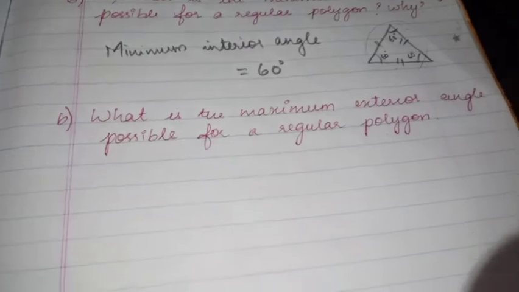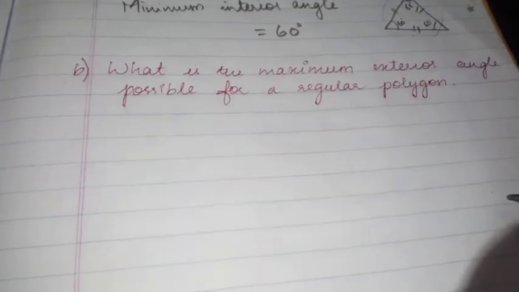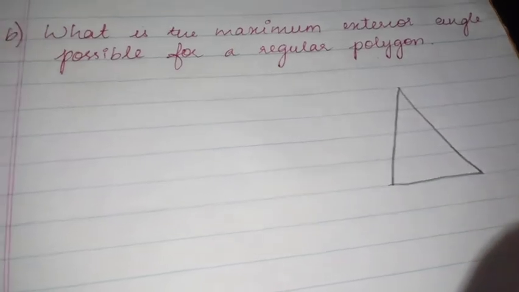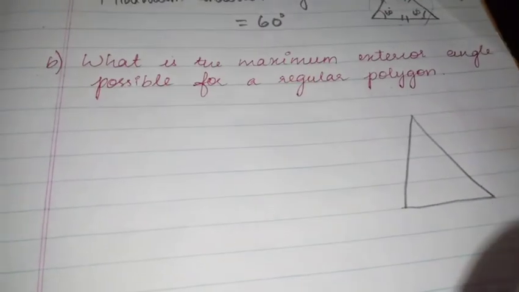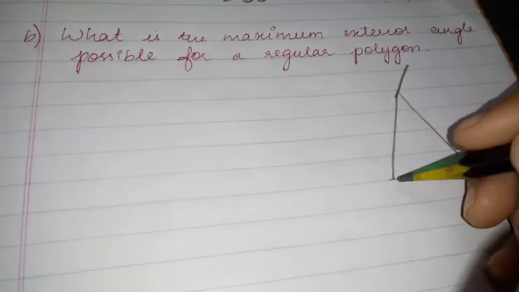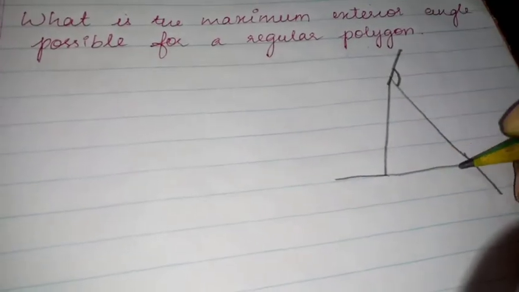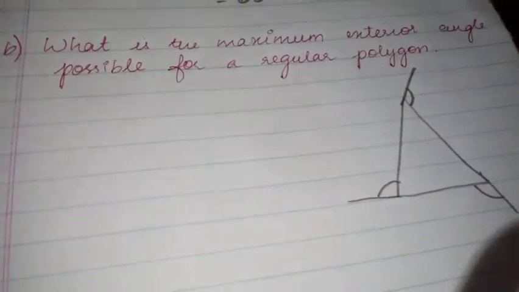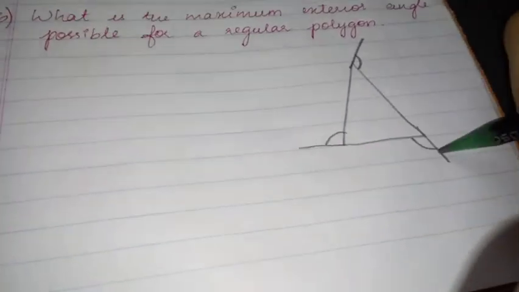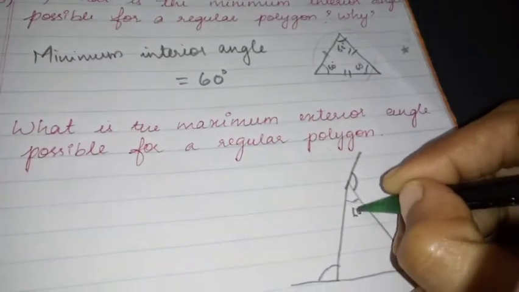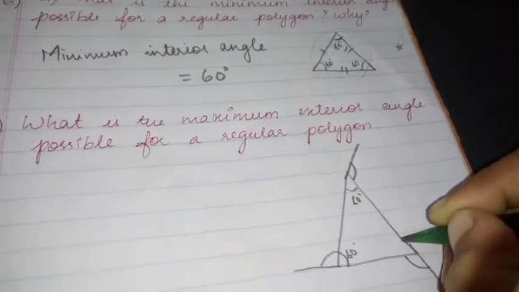Next, what will be our maximum exterior angle? Let us consider this equilateral triangle, children, because that is our smallest regular polygon. If you have an exterior angle for this, the exterior angle will be like this. Our interior angle, which I have already written, is 60 degree, 60 degree, 60 degree.